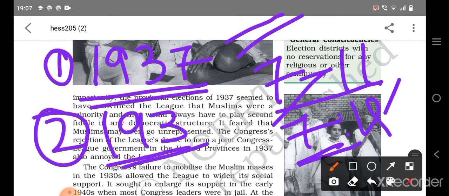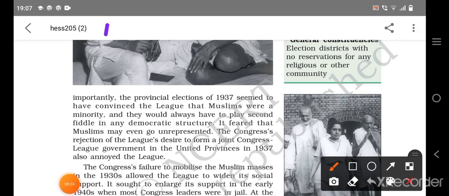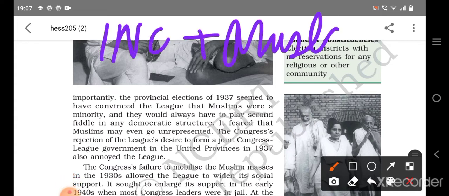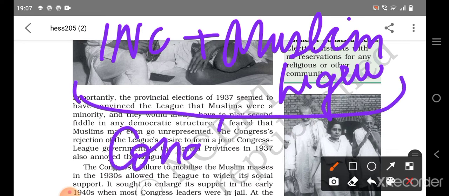during these elections, the Muslim League had a desire to make a Congress League party. What was this Congress League party? Basically, INC plus Muslim League. They thought that their joint party should be made, which will be the Congress League.